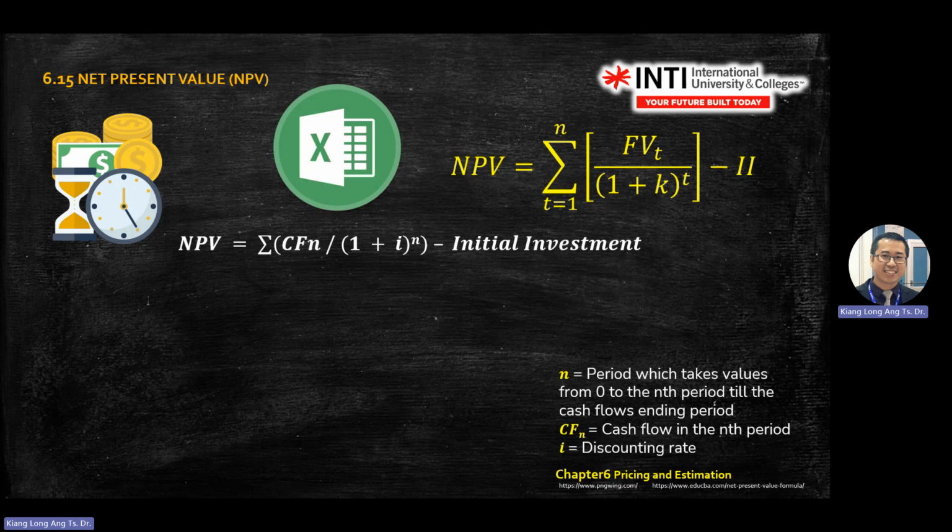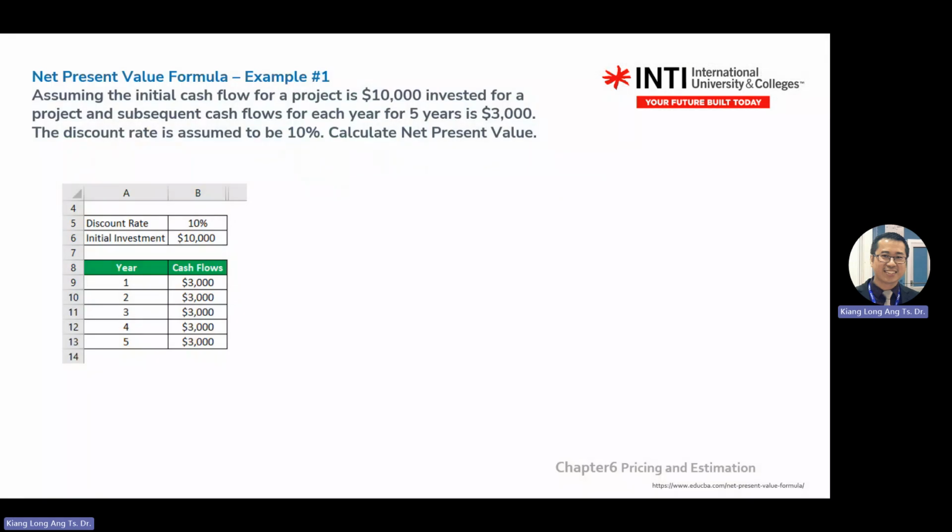So when you solve this kind of question in your test 2 or final exam, you will see a statement like this. Assume initial cash flow of a project is 10,000 invested for the project. Subsequent cash flow for each year for 5 years is 3,000. The discount rate is assumed to be 10%.